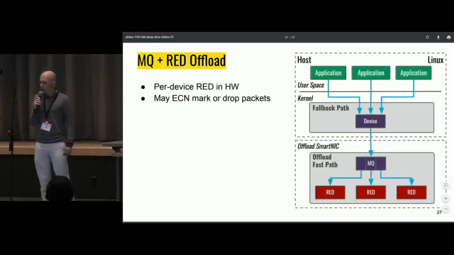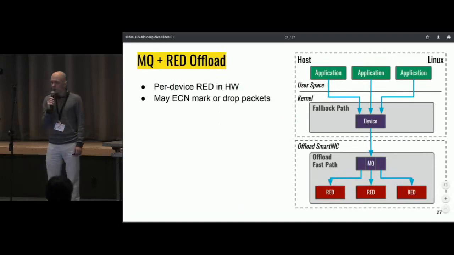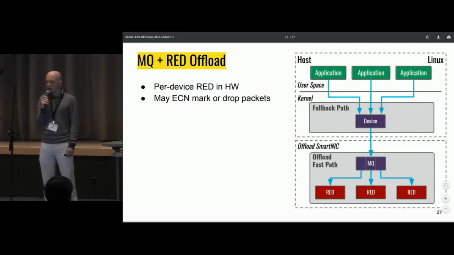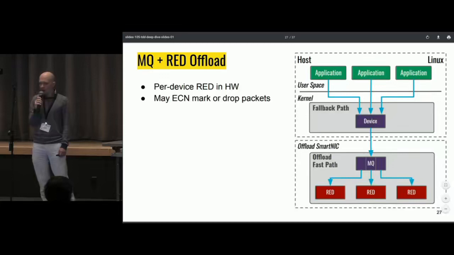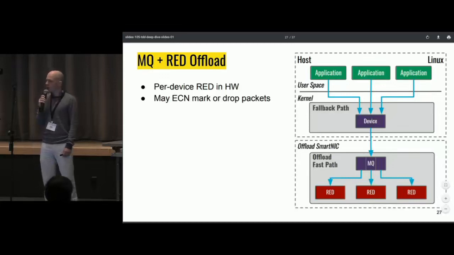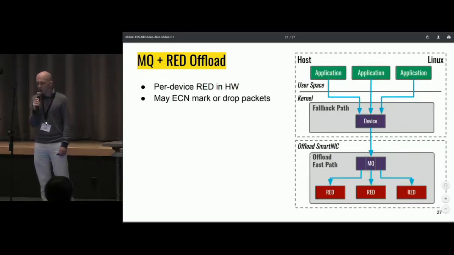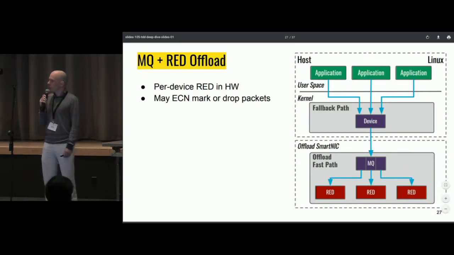In the next slide, we have a slightly different setup. So here we have packets, of course it's two-directional, but we'll only talk about one direction, which is packets originating from an application running on the host and heading out towards the wire, out a physical port of the NIC. And the NIC is applying some kind of QoS policy to those packets as they traverse the NIC.